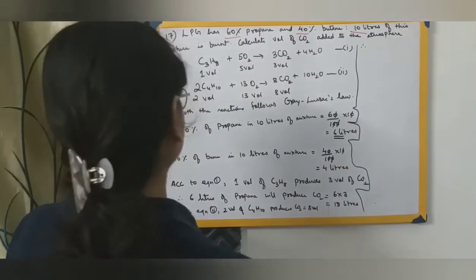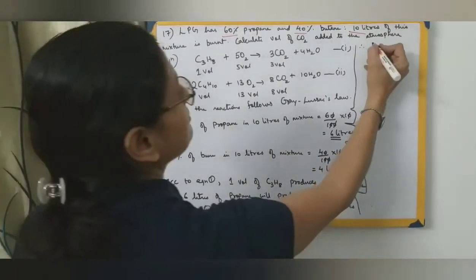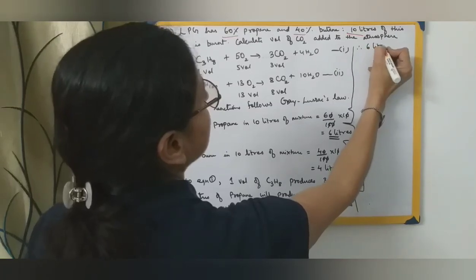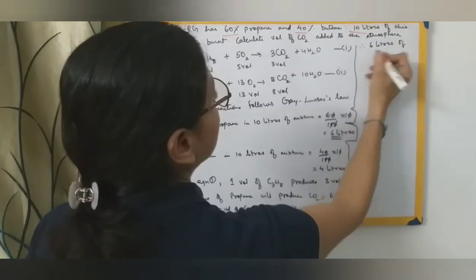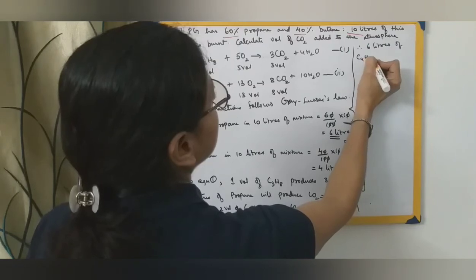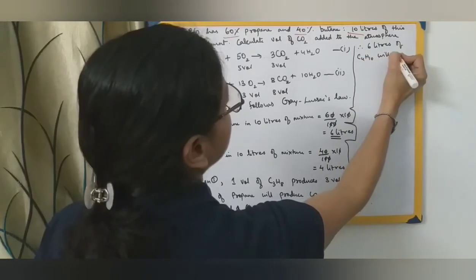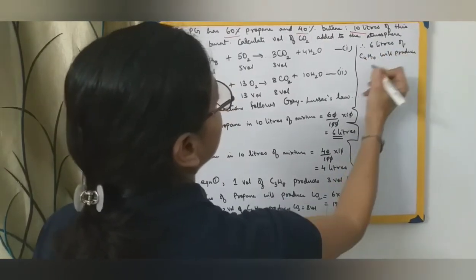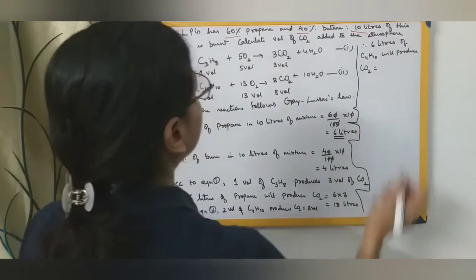Therefore, here it is how much? 4 liters of butane will produce CO2, how much will it be?